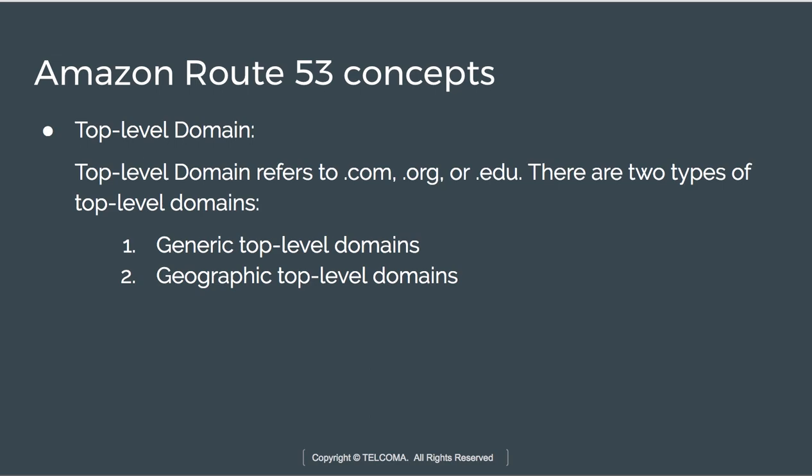Suppose we have domain names that have a TLD of .bike. Often these are associated with websites of motorcycle or bicycle businesses or organizations. Whereas geographic top level domains are associated with geographic areas, countries or even cities, like .in, which is for India.